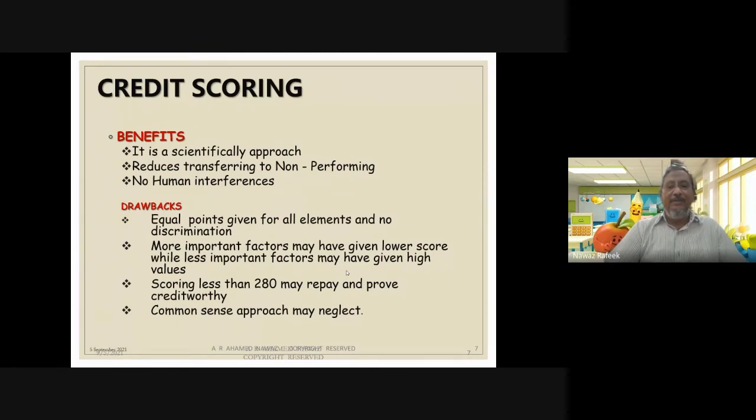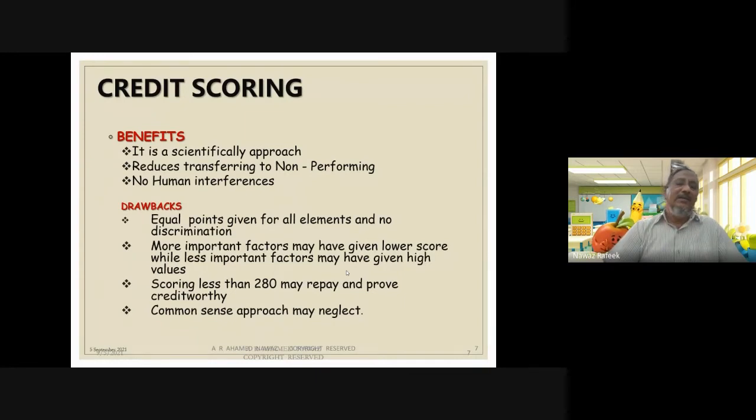No human interference, because the entire thing has been developed based on the information fed into the computer about the customer details. And the computer will identify the characteristics and give the marks. Those are the benefits.